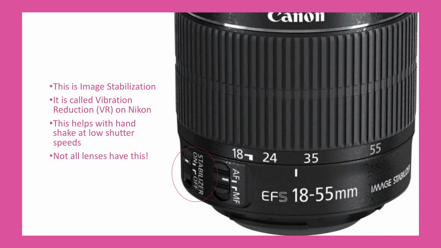So, stabilizer on and off. This lens and this lens both have image stabilization. And what is that? Image stabilization is something that is built into some lenses, not all lenses, that allows you to shoot at a lower shutter speed, and we're going to talk about this next week, but basically when you shoot at a lower shutter speed or you have a longer lens, here's a great way to picture this.